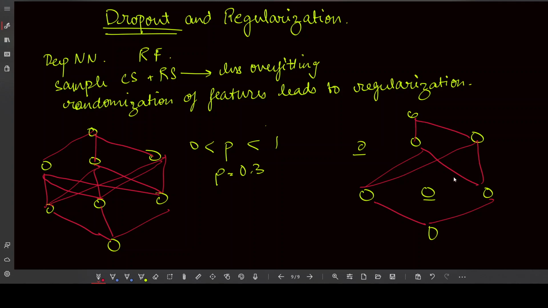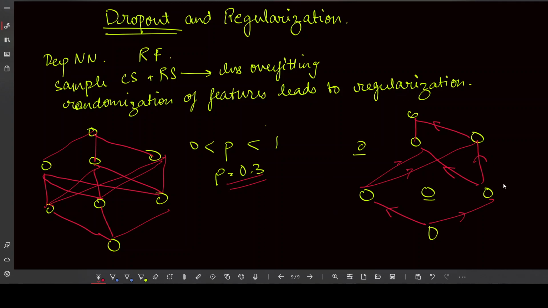So this is what dropout is basically. You first choose a dropout level, and then you randomly take neurons in every layer, in every iteration, and you switch them off, all right? If you think about it, this is similar to what we did in random forest, right? Randomization of features leads to regularization.